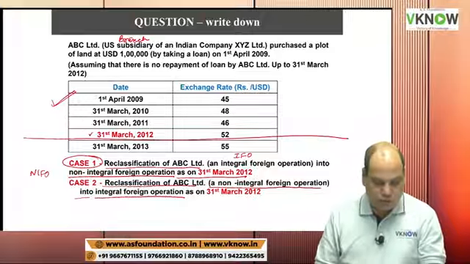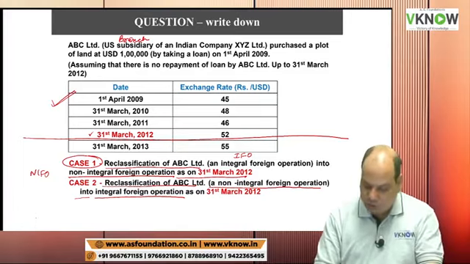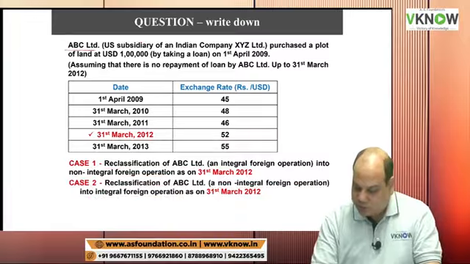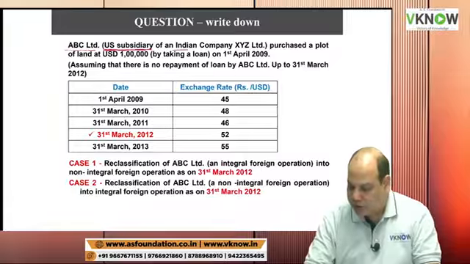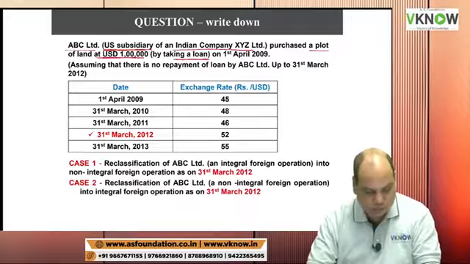Now I am going to read the problem again for you and explain, and then we will solve together. ABC Limited is a US foreign operation of an Indian company. It has purchased a land for 1 lakh USD by taking a loan.